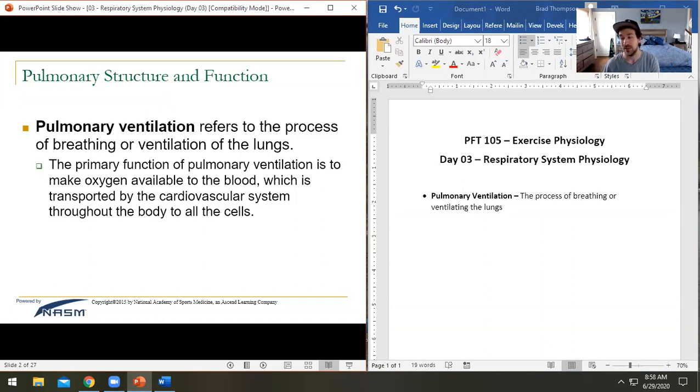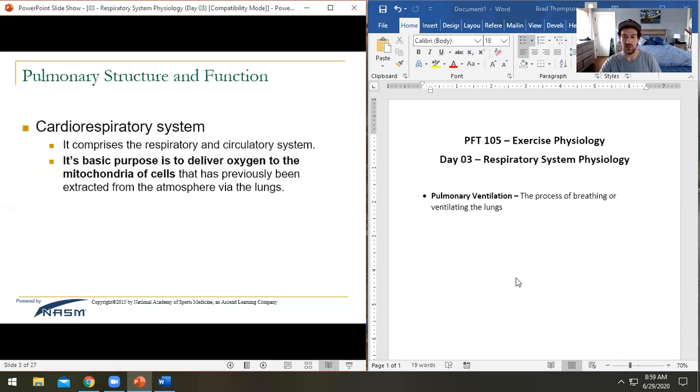Your respiratory system can't deliver oxygen to your left pinky toe, which is really far away from your lungs, without a cardiovascular system that can carry that oxygen down there. And your cardiovascular system doesn't have the ability to supply oxygen and nutrients unless it's able to get them from the respiratory system. So their functions are very different, but they definitely rely on each other in order to supply your body with all of its needs.